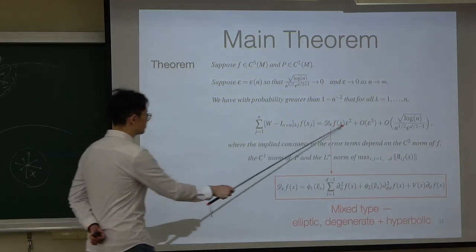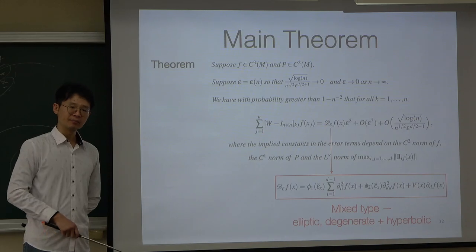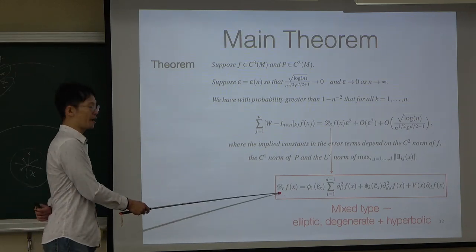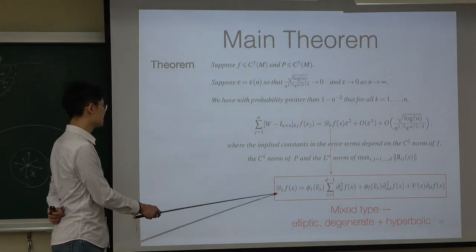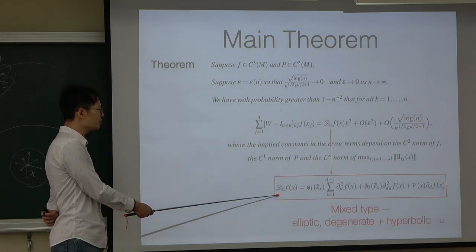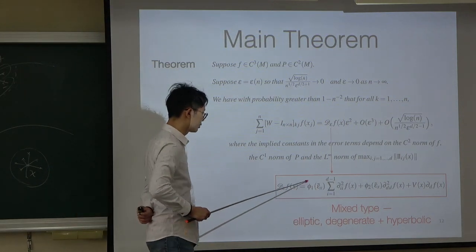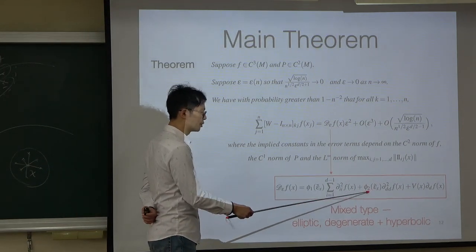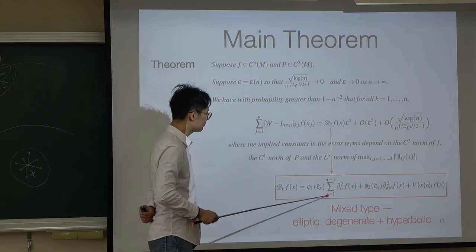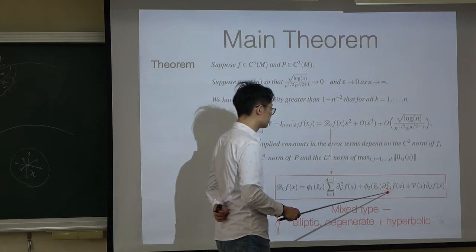And the implied constants' behavior is written here. What is interesting is this D epsilon. D epsilon is a second order differential operator, but it has very peculiar behavior. As we will see in a bit about what phi 1 and phi 2 are, you have i from 1 to d minus 1 of partial i squared, and this is partial d squared.